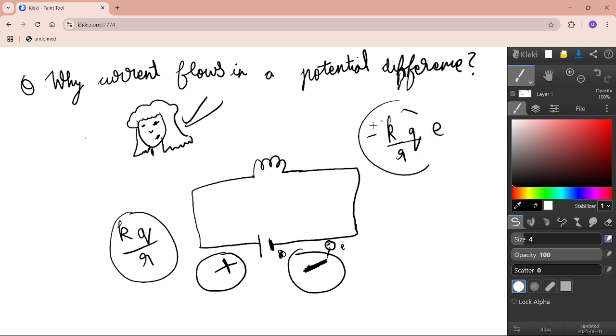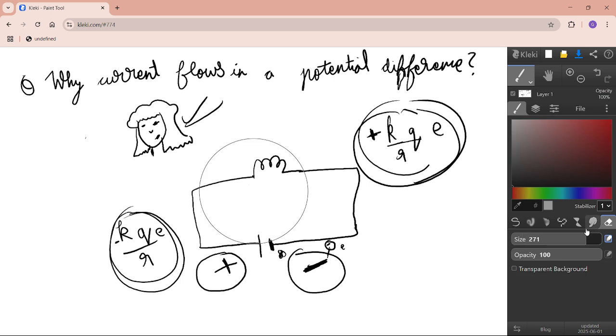So the minus will come in front and make it negative. So actually, if you talk in terms of potential energy, the electron goes from a higher potential energy, the positive potential energy, to a negative potential energy, right?